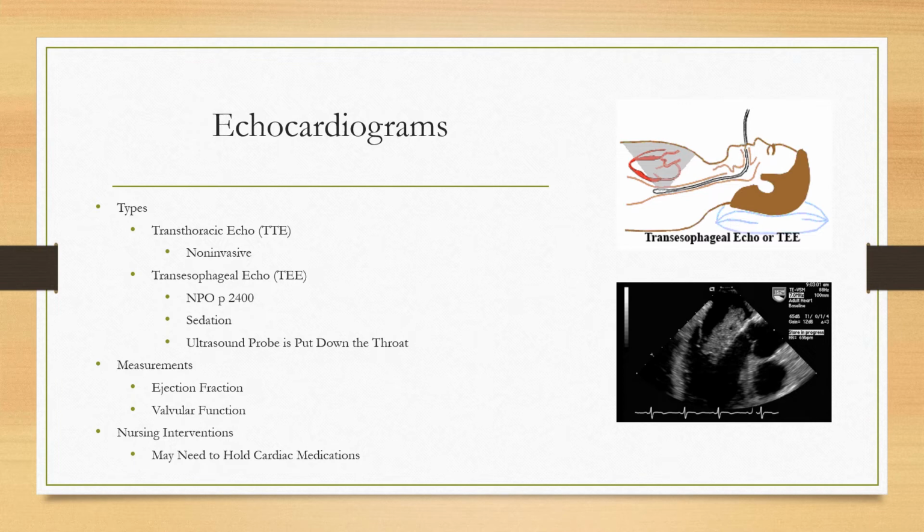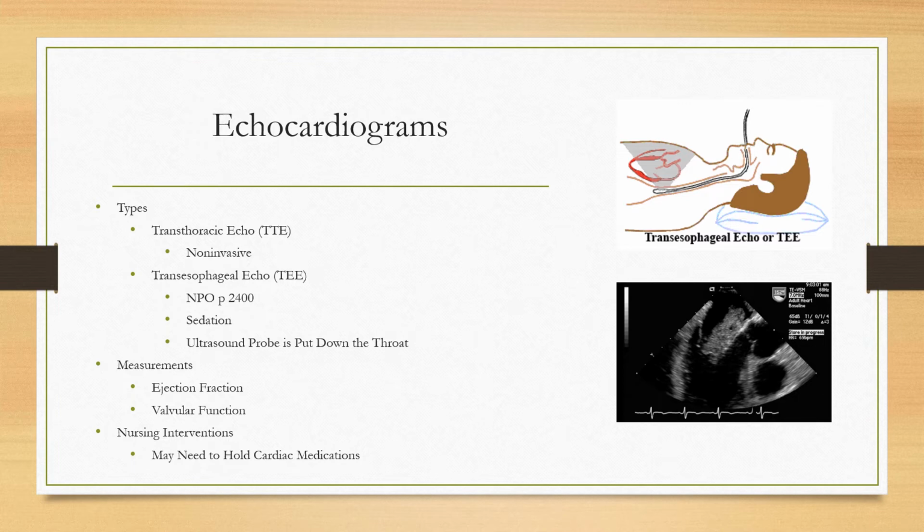Okay. A transesophageal echo will give us the same information. Typically, you need a bit of sedation and to have not eaten the night before, so NPO. And the probe goes into your esophagus. The reason we do this one is it gives us such a close-up view of the heart.